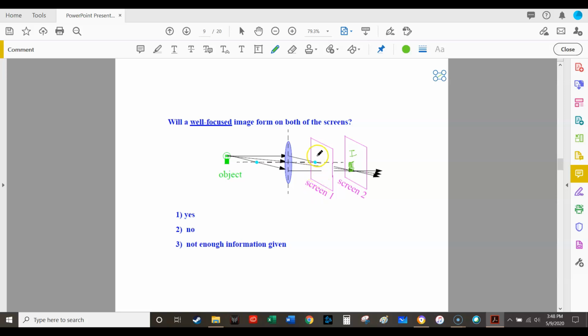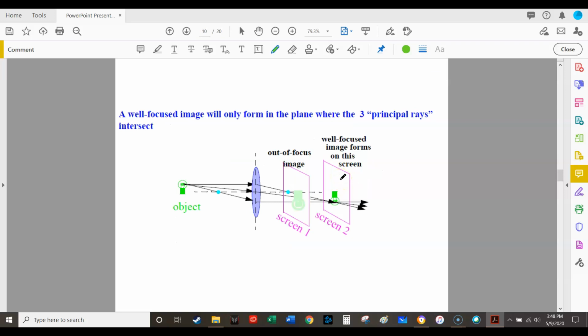Well, if you notice, the light rays here are not converging onto a point like over here in the image. So we know a crisp image is going to form here. What happens is you will still get an image here on the other side, but it's going to be out of focus. So it's going to be a blurry image.